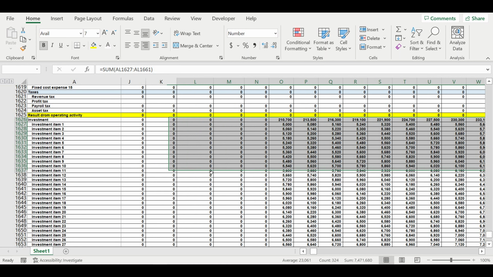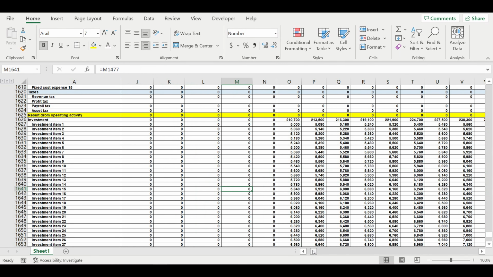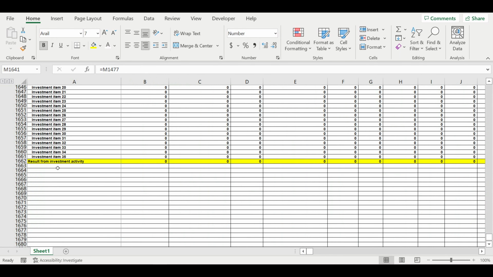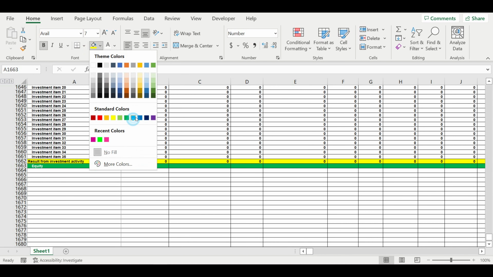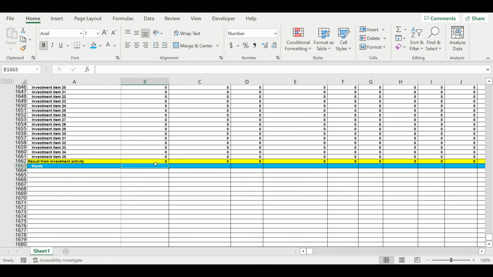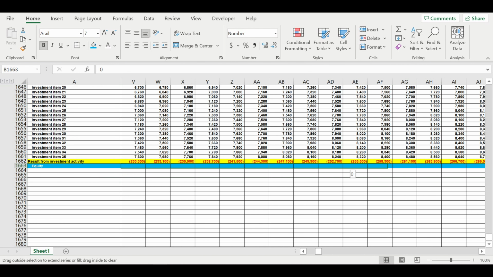Then we move to the next block inside the cash flow statement. It is financing activity. This is equity. Let's say this will be the input, but we can also automate the story. So these are maybe the inputs.